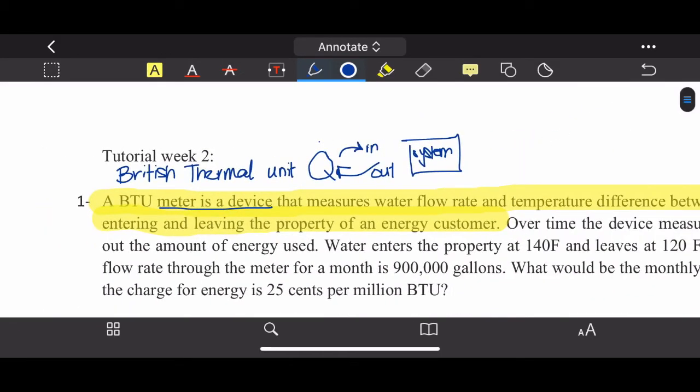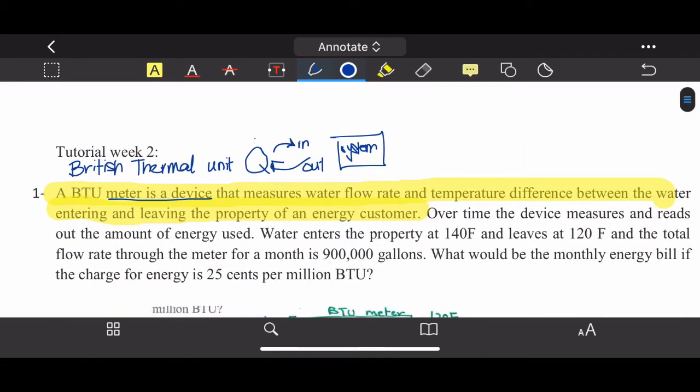Now, over time, the device measures and reads the amount of energy used. Water enters the property at 100 degrees Fahrenheit and leaves at 120 degrees Fahrenheit. That means around 20 degrees Fahrenheit is removed from the system. So it is an out.